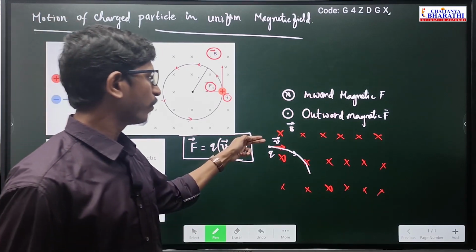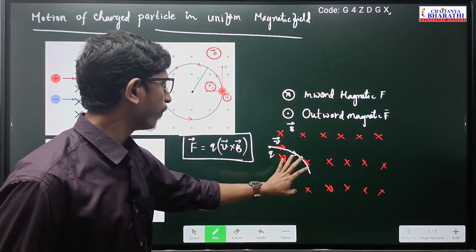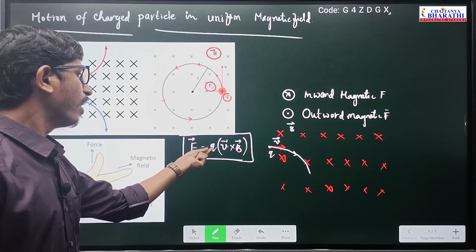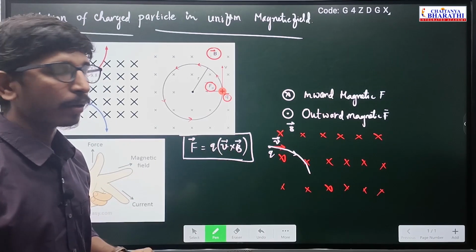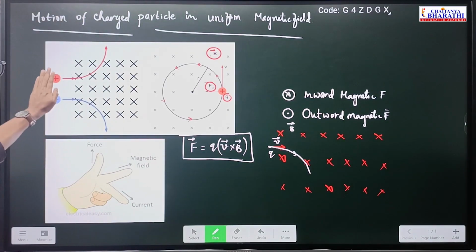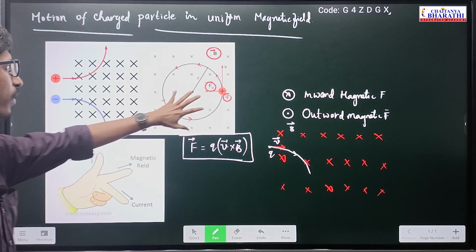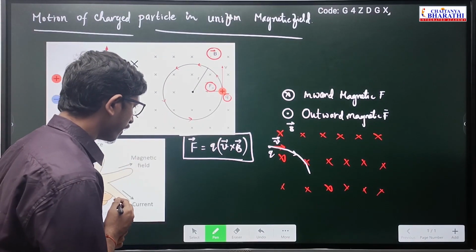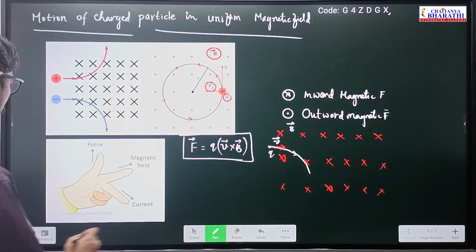Now let me make you understand with a simulation, how it varies for a positive charge and a negative charge in a magnetic field.